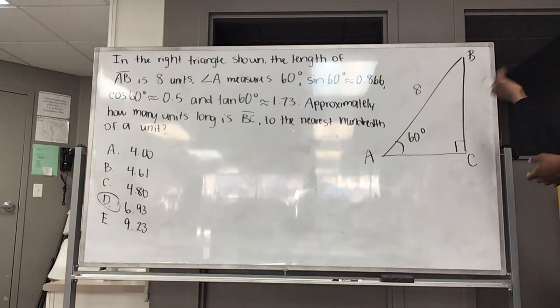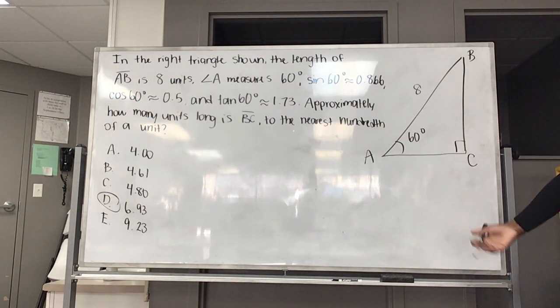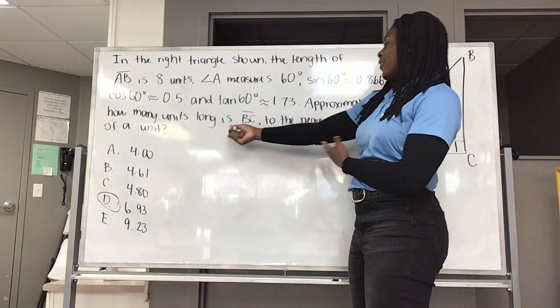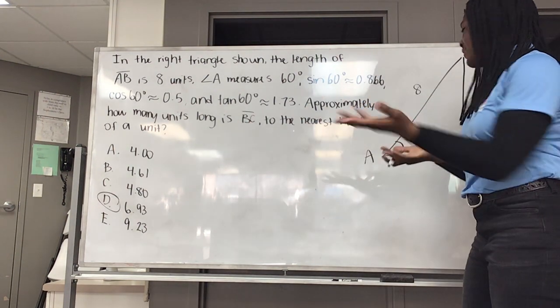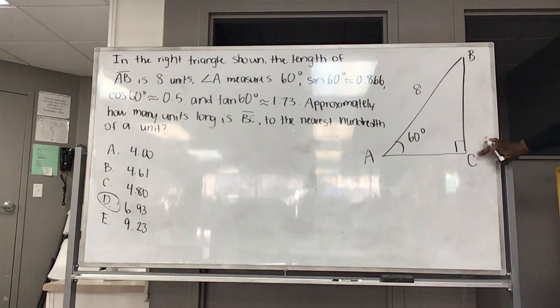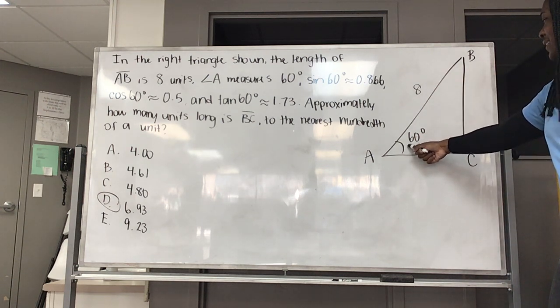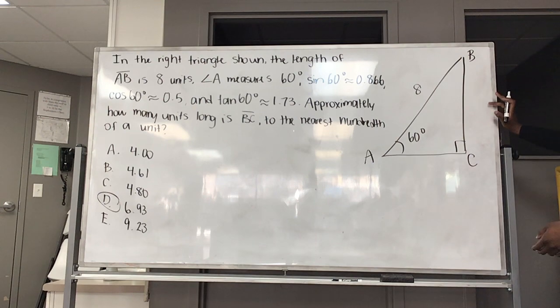Basically, after all that information they gave us, what they're asking is how long is BC, rounded to the nearest hundredth. So BC is this side right here. If we're going to set up an equation to solve for this side, in regards to angle 60, because that's the one they gave us, it would be the opposite side.